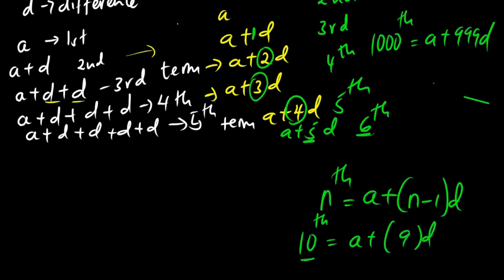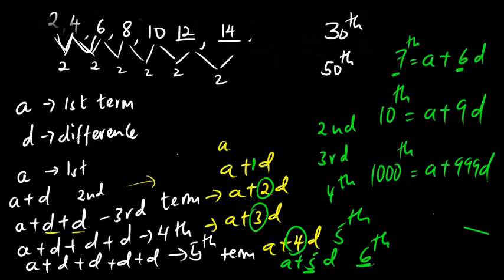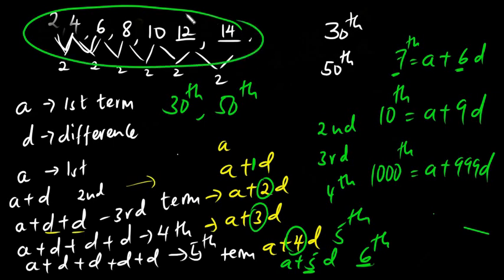Alright, let's go back to our sequence here. I want you to pause the video and try to work out the 30th term and the 50th term of this sequence.